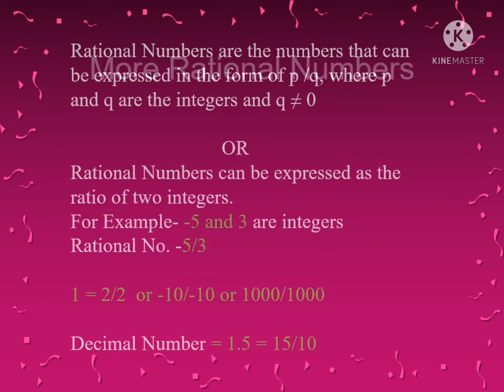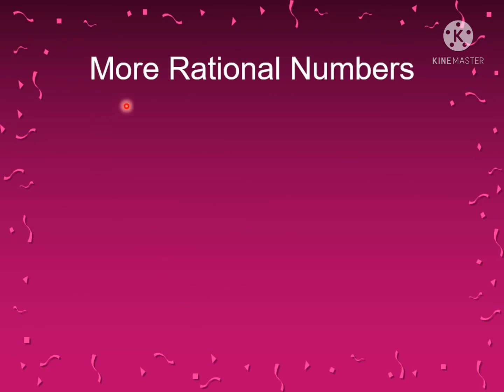Now, can we have more rational numbers? Let us check. Suppose we have 3.75. So 3.75 can be expressed as 375 by 100. So yes, it is a rational number. But here you have seen that after the decimal, the digits end.